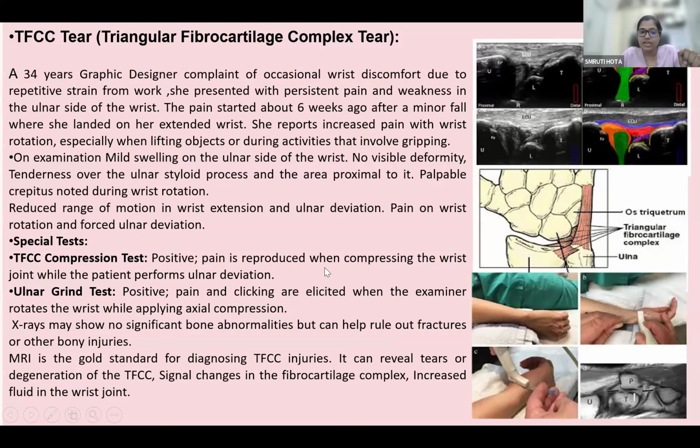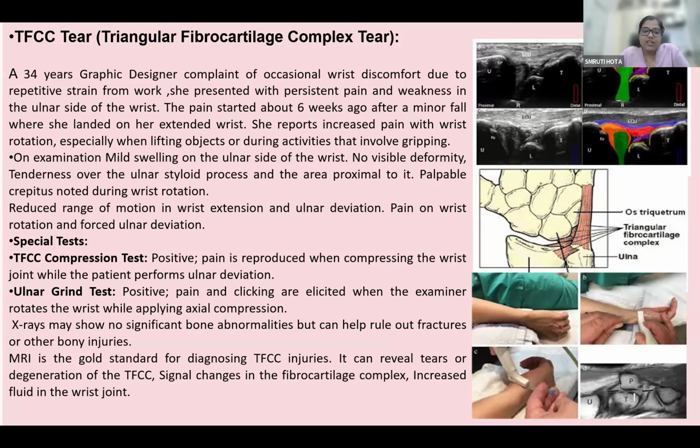The TFCC compression test comes positive. How will you do this special test? Pain is reproduced when you compress the wrist joint while the patient performs ulnar deviation. Another test is the ulnar grind test, where pain and clicking are elicited when the examiner rotates the wrist while applying axial compression.